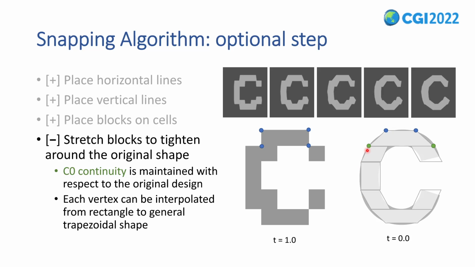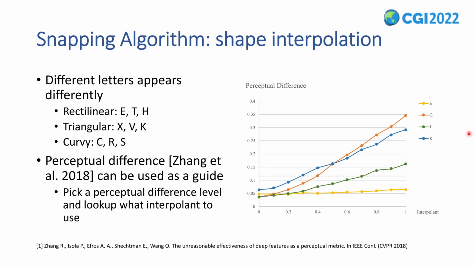We show 5 examples of this letter C, 5 different interpolants, from close to blocky design to close to original design. As far as human perception goes, different letters behave differently when they are geometrically interpolated. For letters that are already rectilinear, like E and T, the blocky design and original design will look similar.